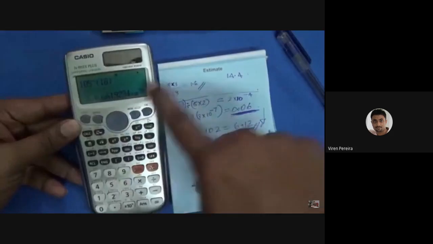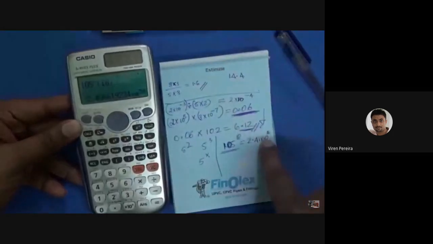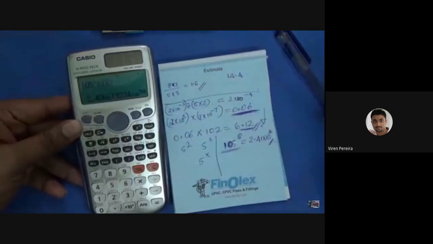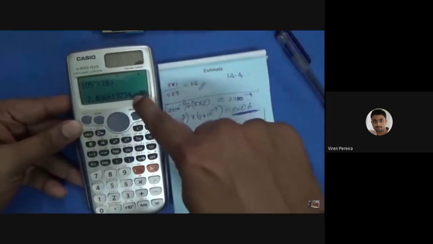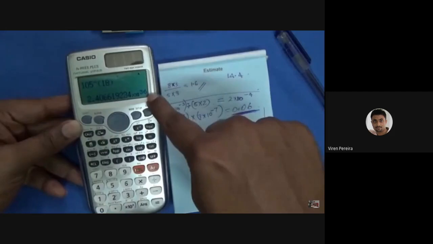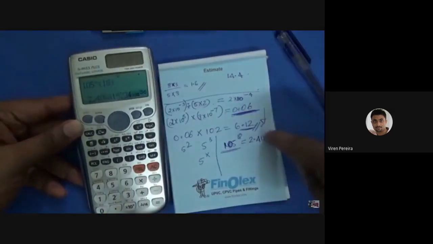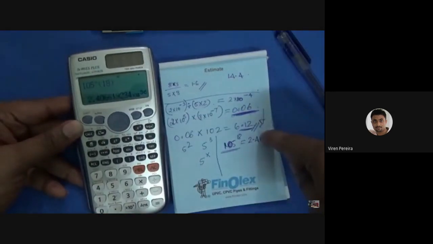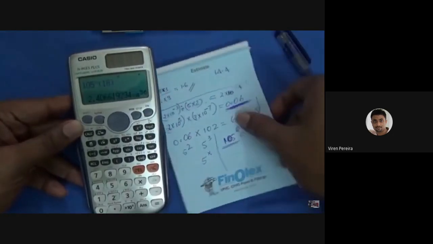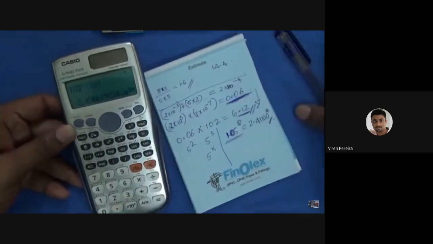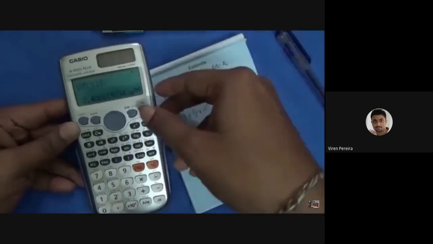So always remember to take this term into consideration as well. Always look out for your last term. If it comes as 10 raised to the power of 36, then obviously you have to include this, because this holds the major difference in your answer. So always remember to write it down.